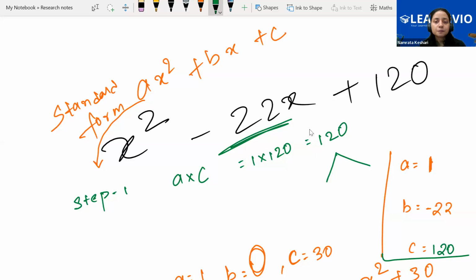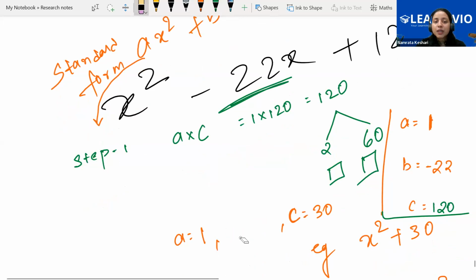That can be 2 into 60. 60 into 2 is 120. If we add 60 and 2, are we getting minus 22? No. If we subtract 60 and 2, is it possible to get minus 22? No.